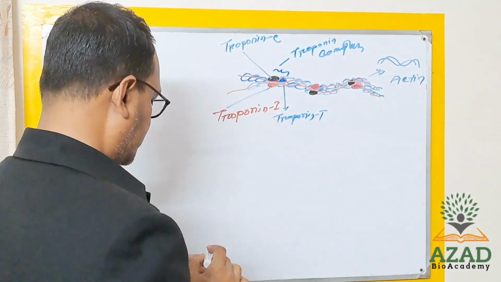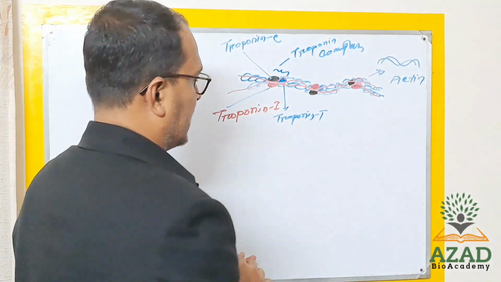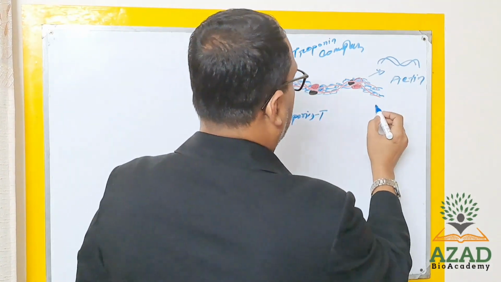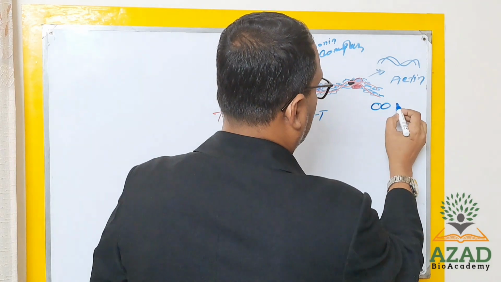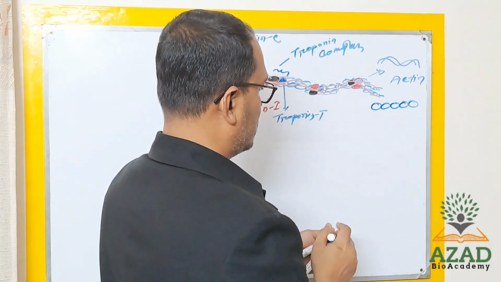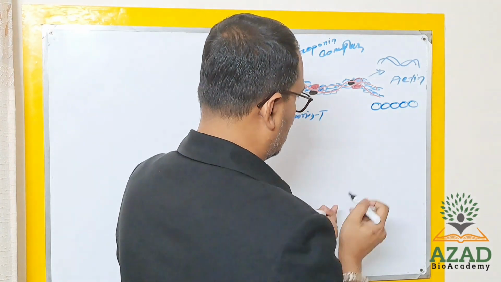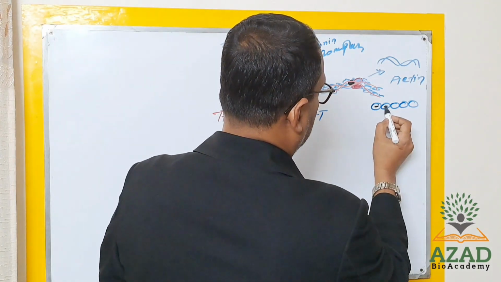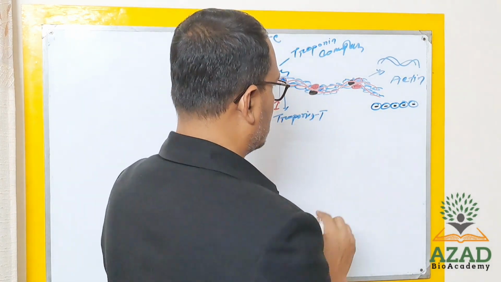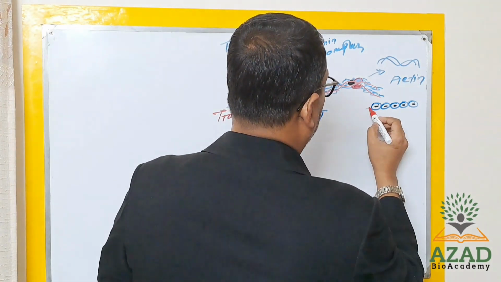Okay, that means each bead of the actin is not free. This is a binding site, this is a binding site. That binding site is blocked by a chain.